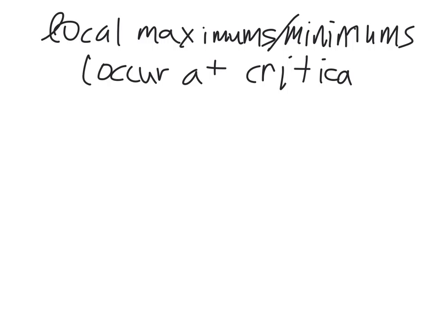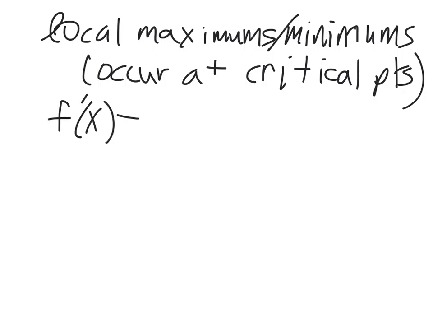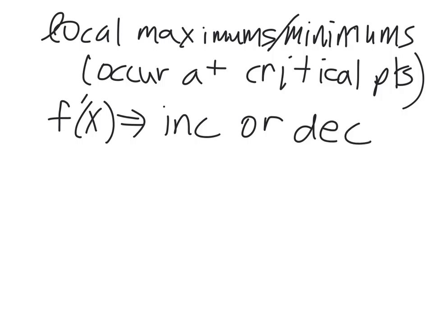So be able to find your critical points, and then whether or not we have a maximum or a minimum, or perhaps neither, from a critical point. Also from that, first derivative will tell us whether we have increasing or decreasing interval.